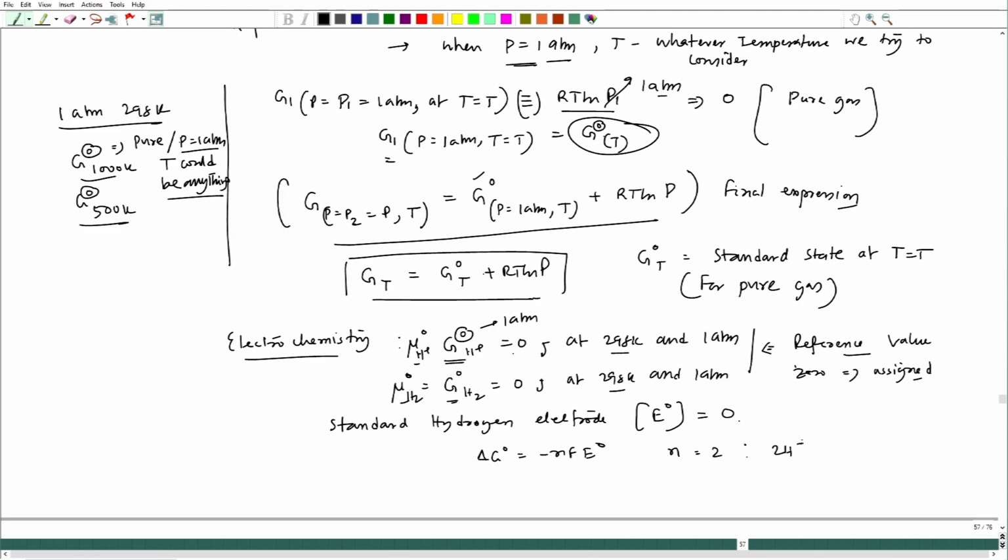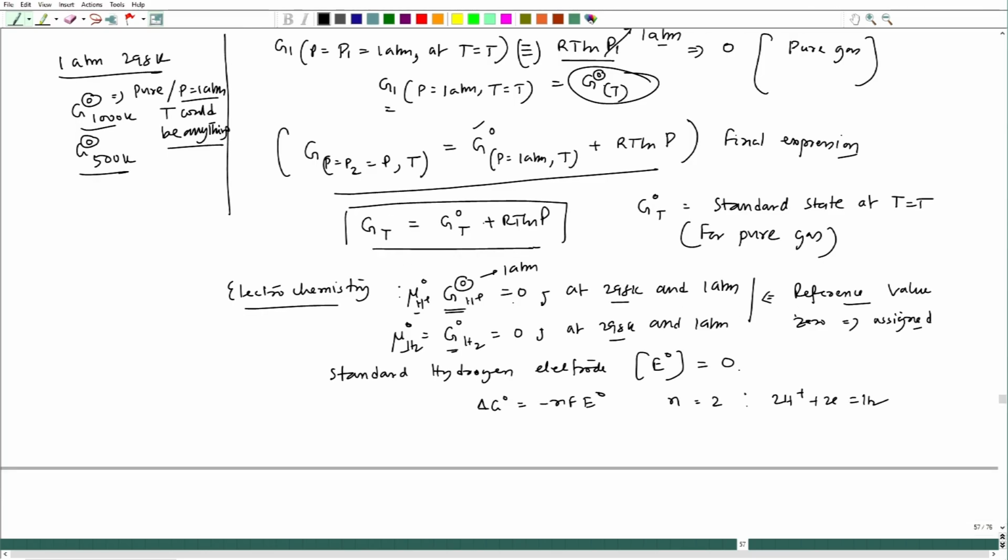Because we are taking this reduction process, and that time if we try to find delta G naught, which is nothing but G H2 naught minus G H plus 2 naught, since both are 0, it becomes 0, and that makes sense that E naught becomes 0 volt.